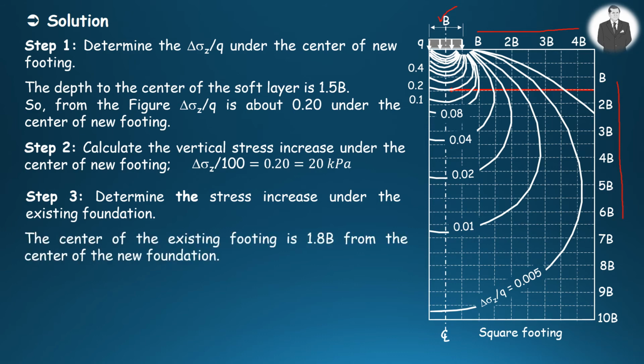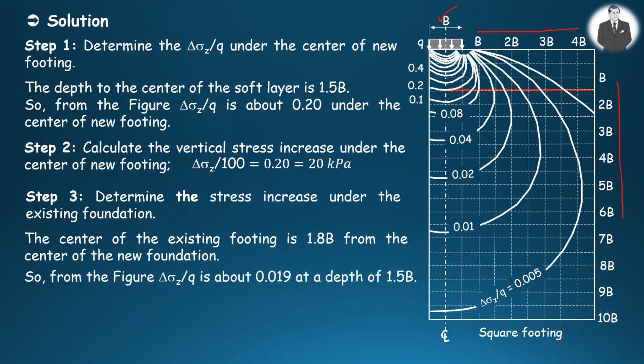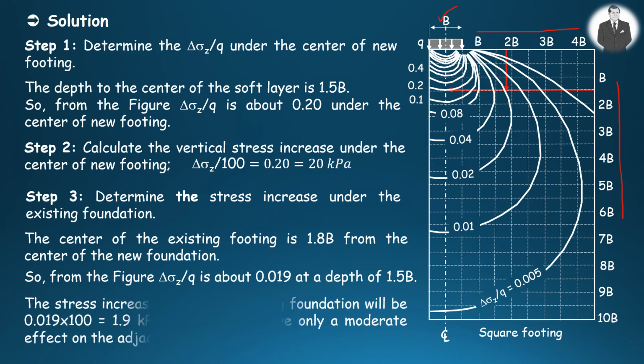We know that the center of the existing footing is 1.8 times B from the center of the new footing. So from the figure, delta sigma z over q is about 0.019 at a depth of 1.5 times the width of the new footing.